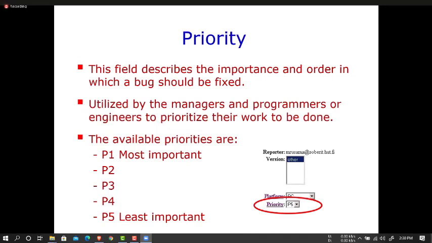Then the priority level can be mentioned. That is how important that particular bug is. This priority level helps the management and software engineers to prioritize their work. So the priority level helps in project planning.